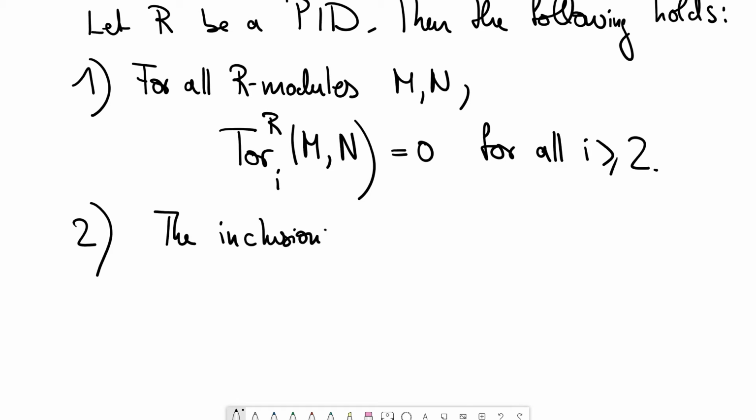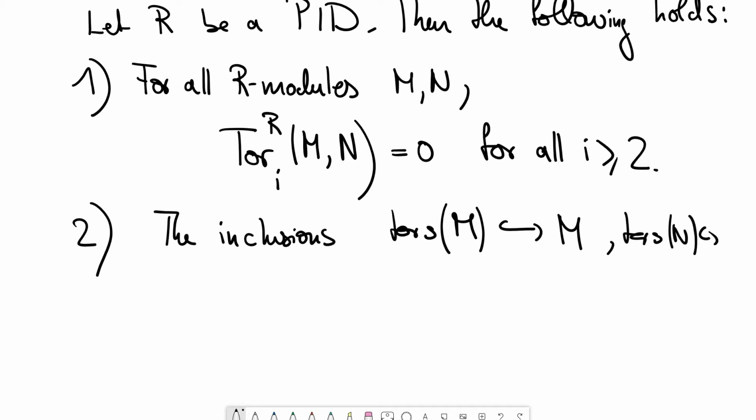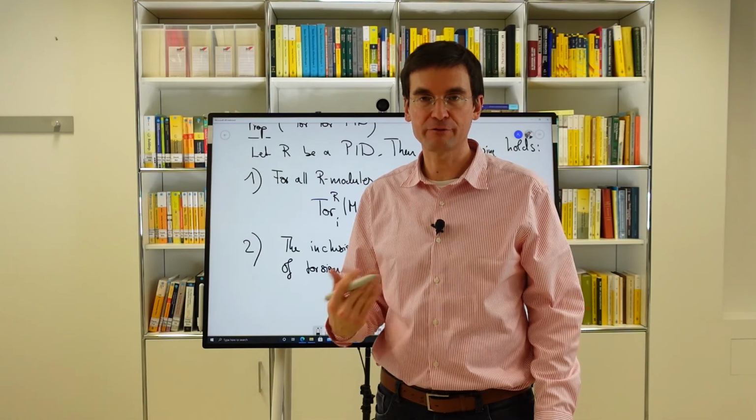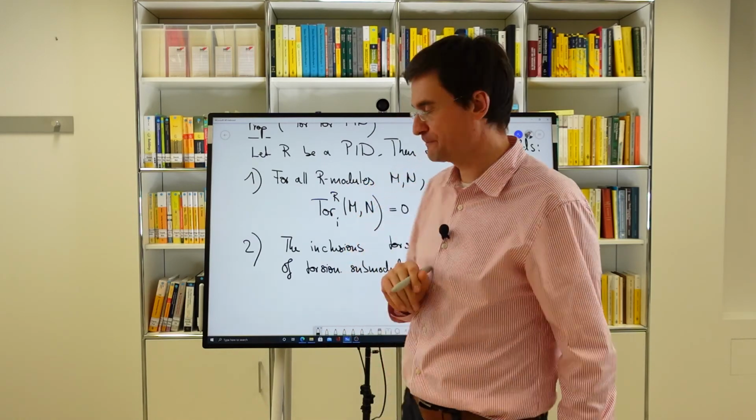And I want to look at these inclusions for M and N. And M and N should be finitely generated R-modules, because in that situation we have a structure theorem like we have for finitely generated abelian groups.